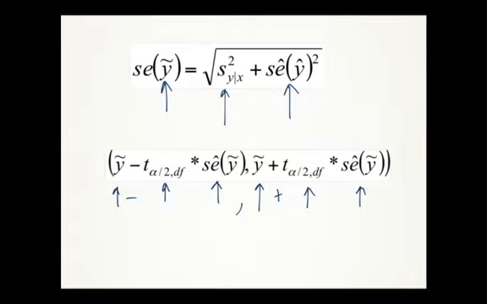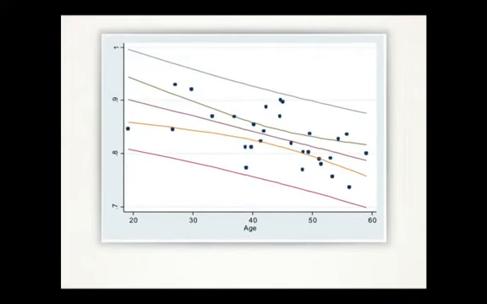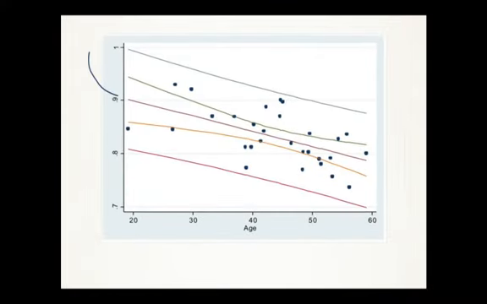Okay? And so if we were to add the prediction interval, here's the picture now. Here's our fitted regression equation. Here's the confidence interval, the green and the orange, for the mean. And now these outer estimates are the prediction intervals for a single observation. Okay? So hopefully that makes sense.